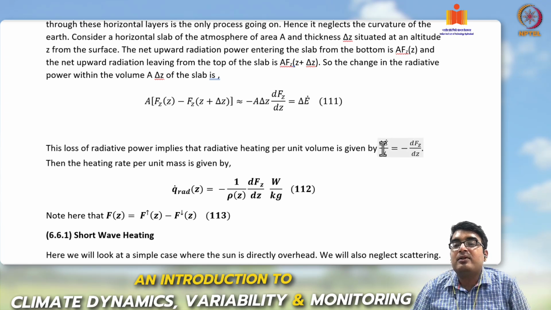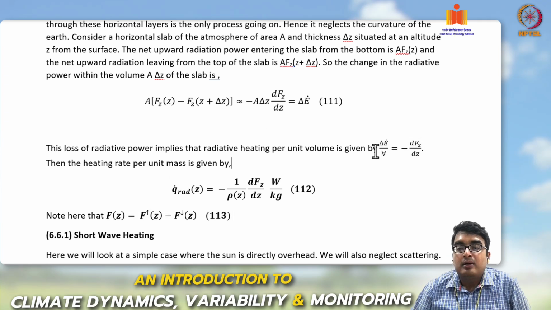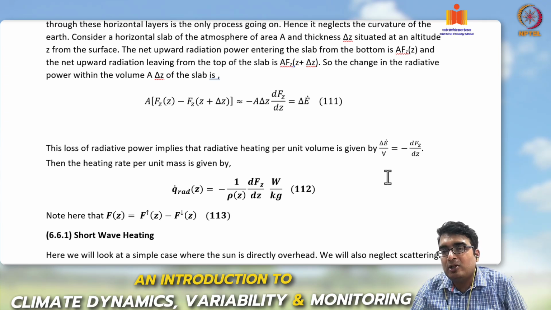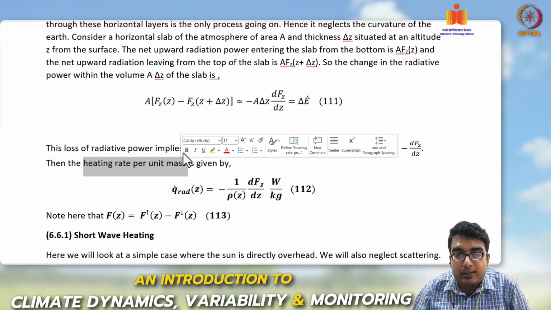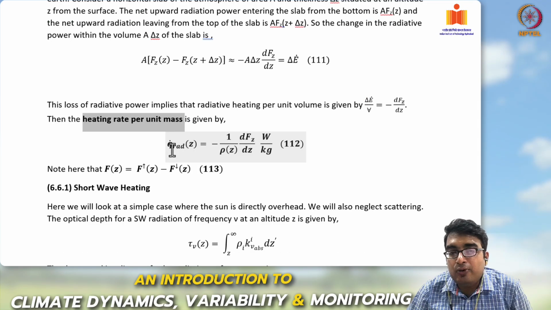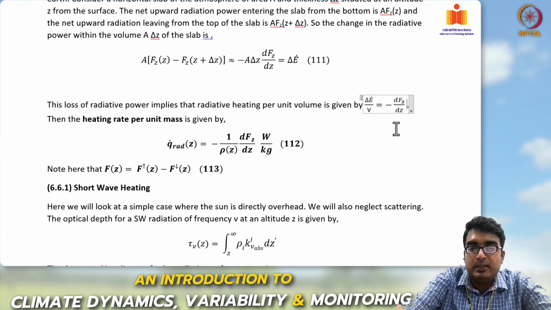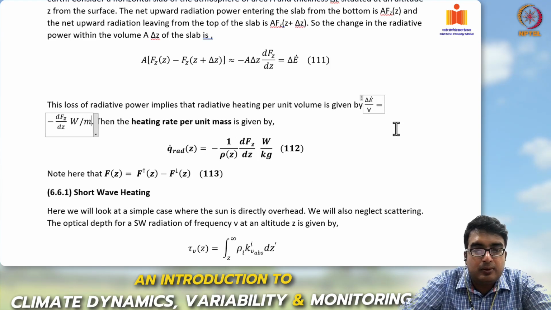So this is watt per meter cube. If you divide watt per meter cube by density, which is kg per meter cube, you will get watt per kg. So the heating rate per unit mass is given by Q dot, radiative heating per unit mass, equal to minus 1 by rho z dFz/dz. This unit is watt per kg, and this unit here is watt per meter cube.